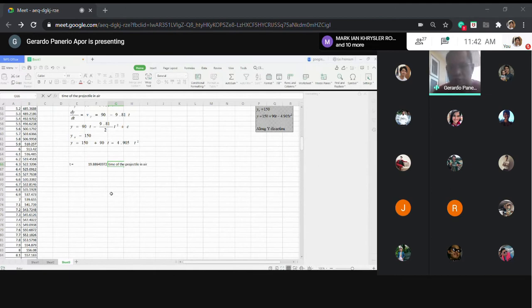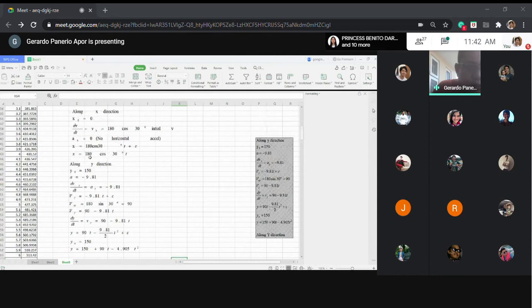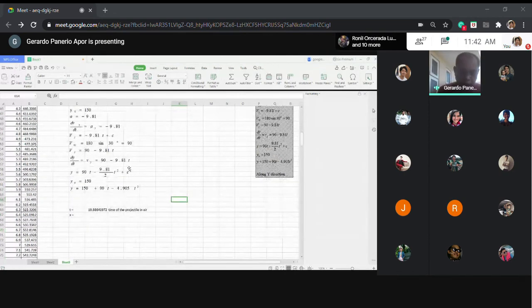After that, it already hit. So you can also determine the x, the horizontal distance that the projectile traveled at time t. So 180 cosine of 30 degrees. Cosine of 30 degrees is 0.866 times 180 times 19.886400972. So it's 3,100 meters maximum distance.